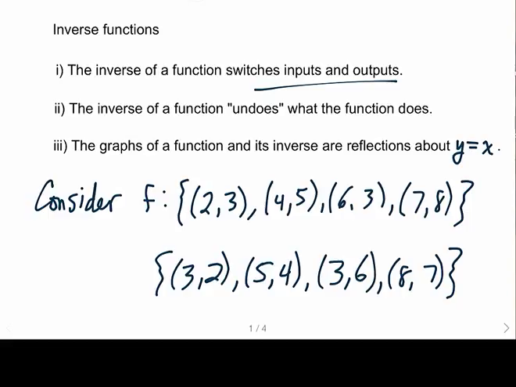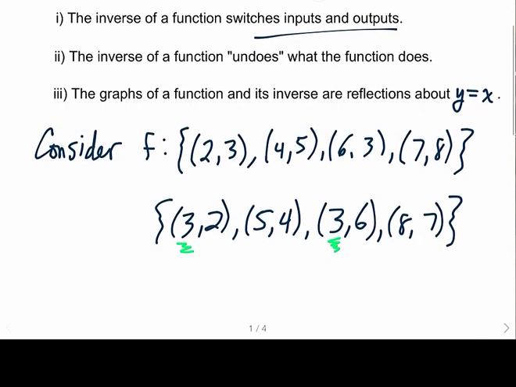Notice that when we switched everything around, we have an x-coordinate that is repeated, namely 3. And it is said then in this case that f does not have an inverse function. The reason for that is that when we switched the inputs and outputs, we ended up with something that wasn't a function.